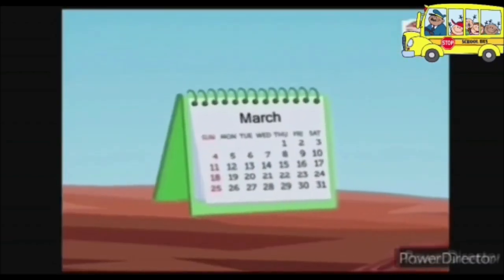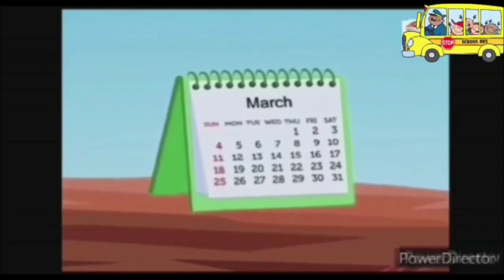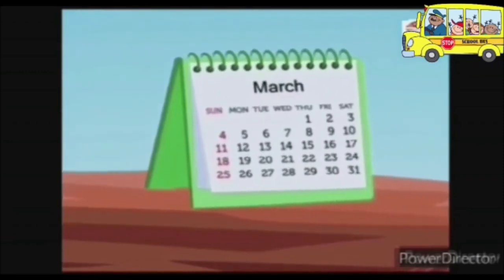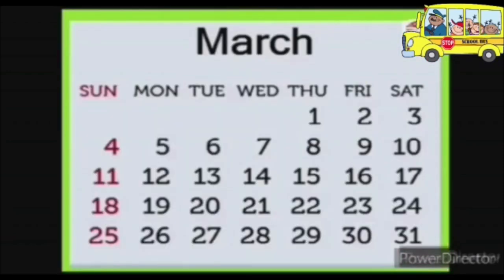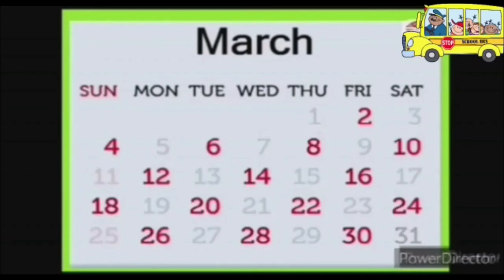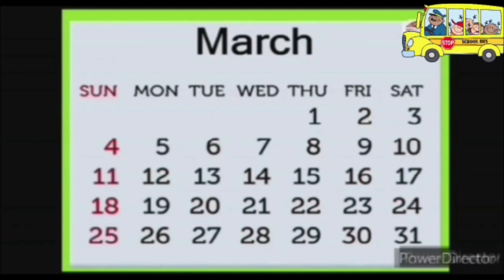Now let us look at the calendar and find out the even and odd numbers. All numbers with the digit 0, 2, 4, 6 or 8 in the ones place are called even numbers. We have correctly identified the even numbers.